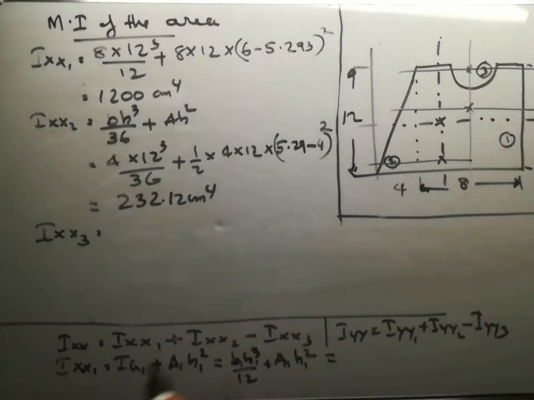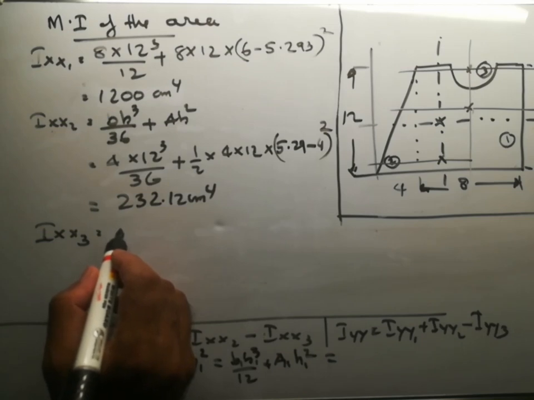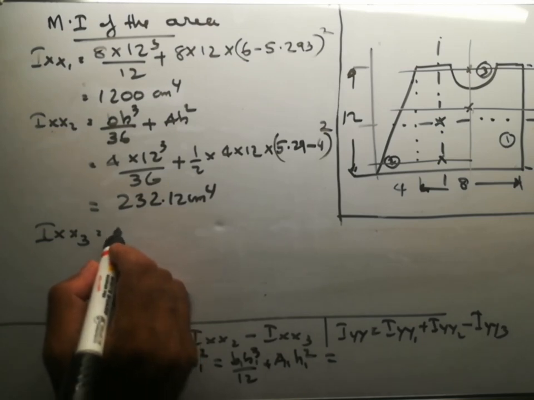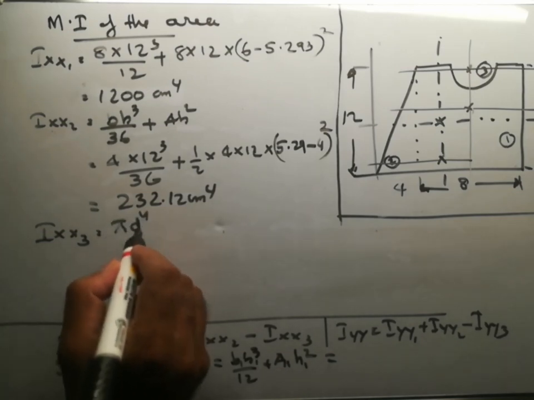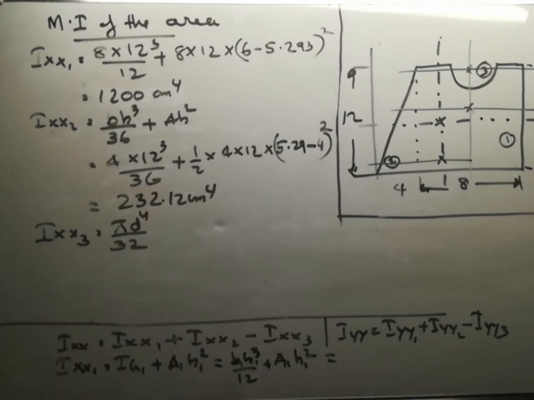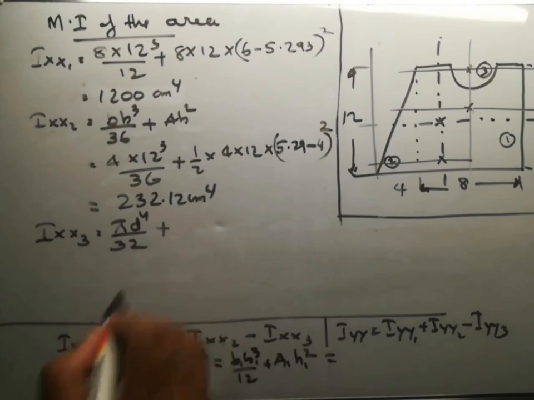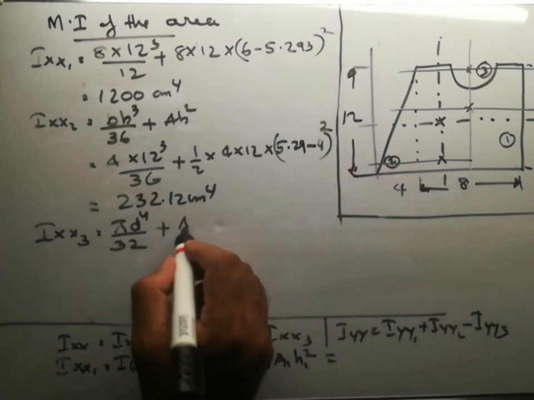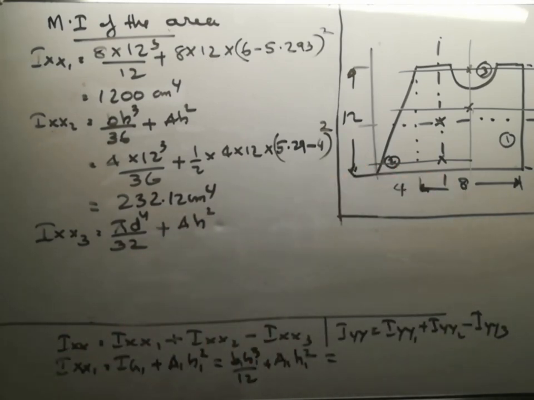So its moment of inertia about its centroidal axis will be pi d raised to 4 by 32 plus A h square.